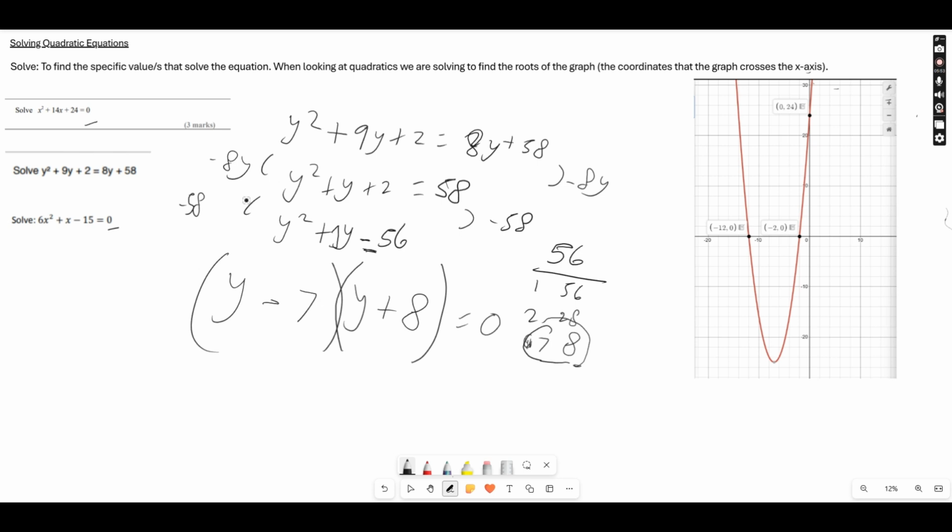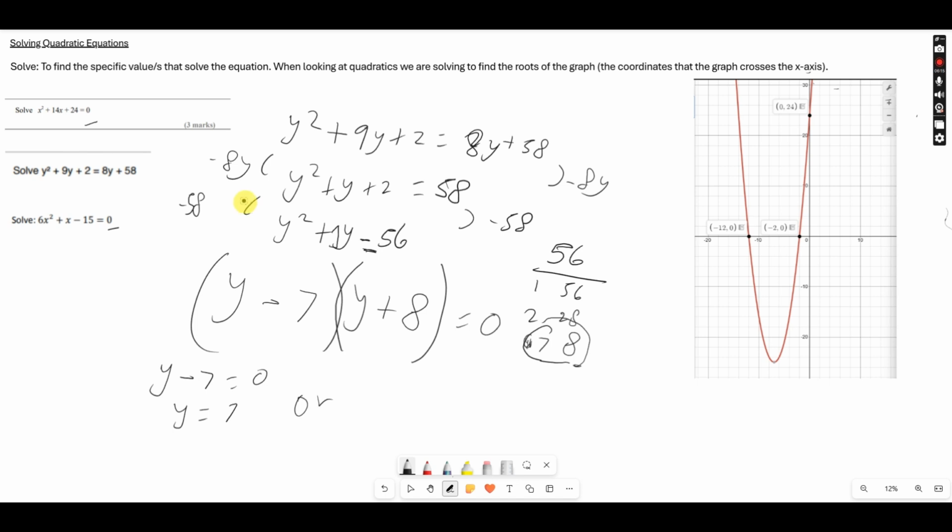Because if we expand this in our heads, that'll be y squared plus 8y minus 7y, which gets us 1y, and then minus 7 times 8 is 56. So if we just solve this, we've got y minus 7 equals 0, so that means y will equal 7.